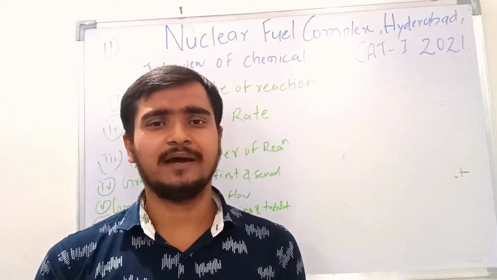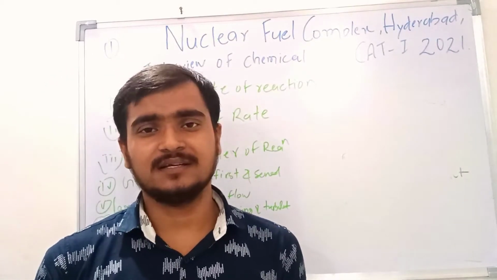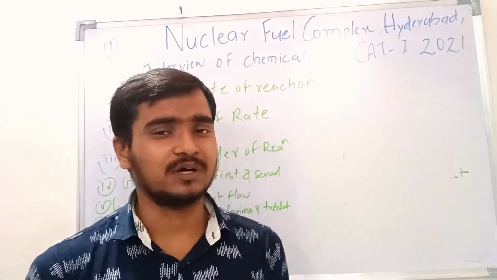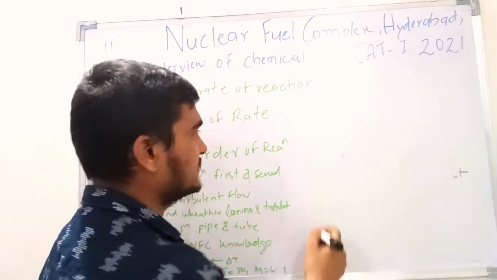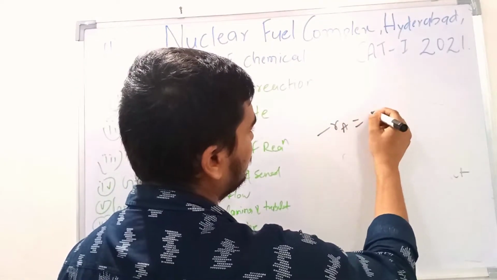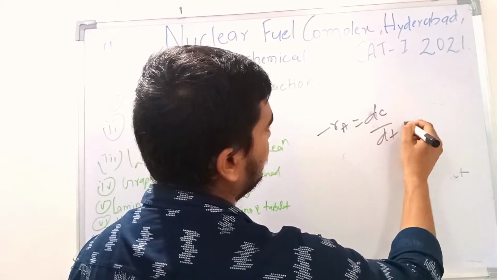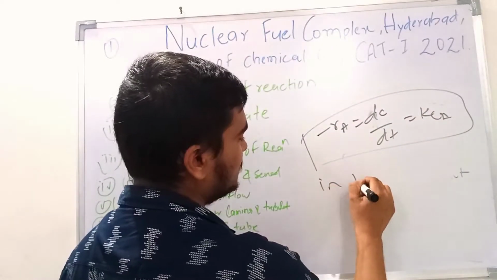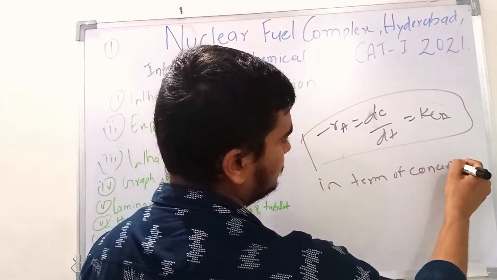Basically there are two ways of expressing the rate of reaction: one in terms of concentration, and another in terms of conversion. First start with concentration: -r_A = -dC_A/dt = kC_A, in terms of concentration.